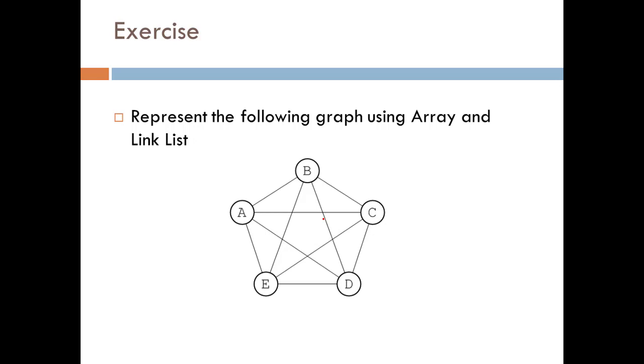Please make this mapping using the array data structure, the one we have seen in the previous lecture, that there will be one single dimensional array and one two-dimensional array, and we will see which node is connected to which one. The same work has to be repeated with the linked list data structure. Please make both implementations and send them to me via the WhatsApp group.